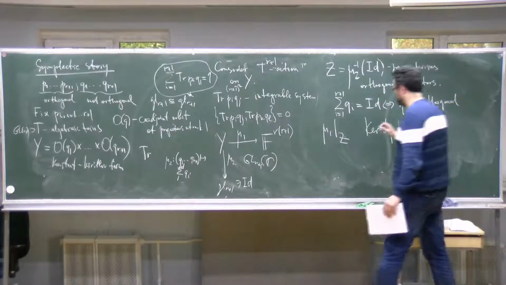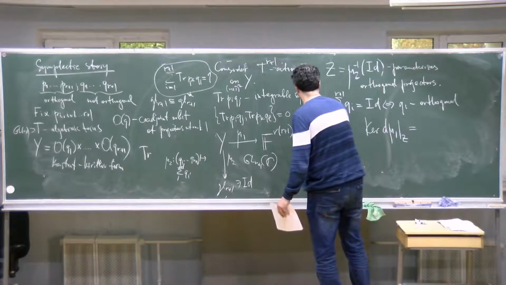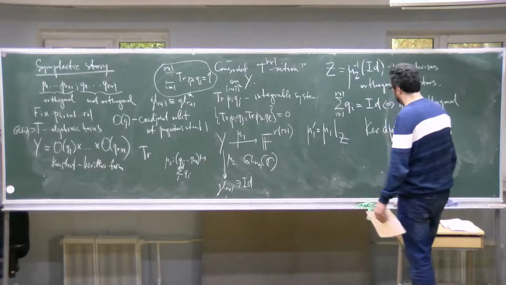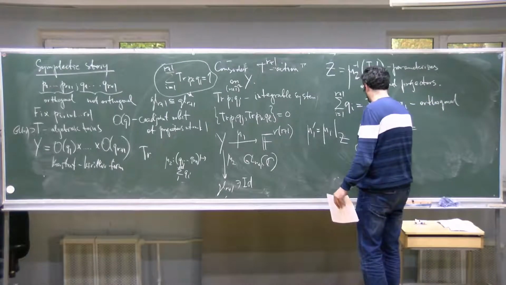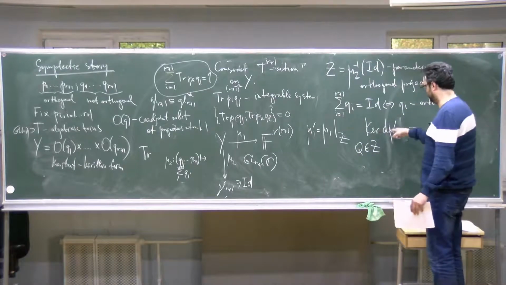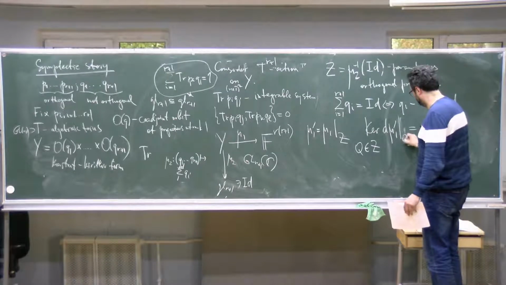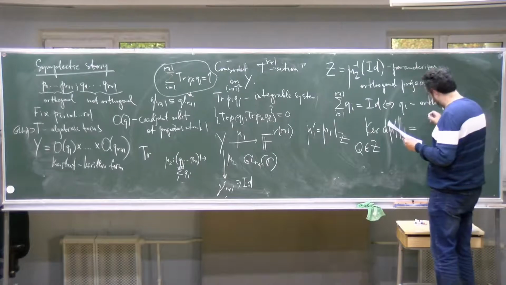Sorry, I denote mu1 prime the differential. I fix the point q from Z and consider the differential of mu1 prime at the point q. In this case, we have the following identification.